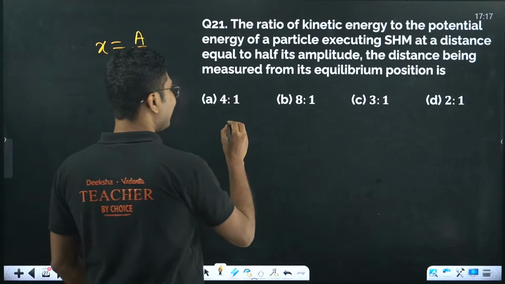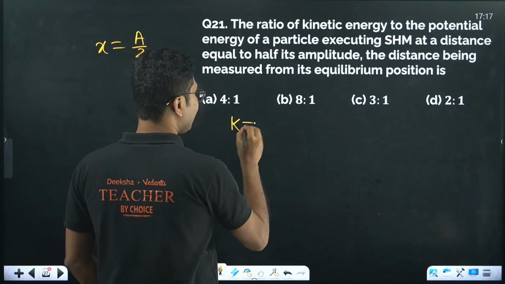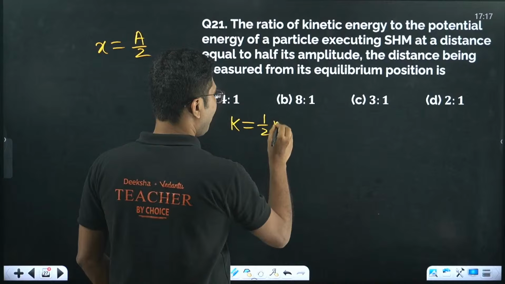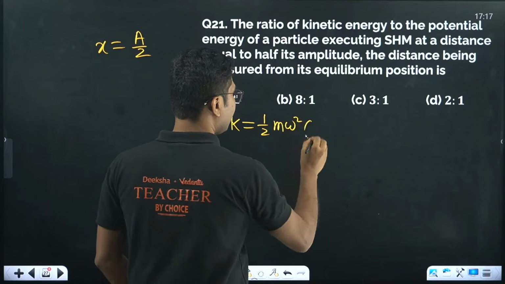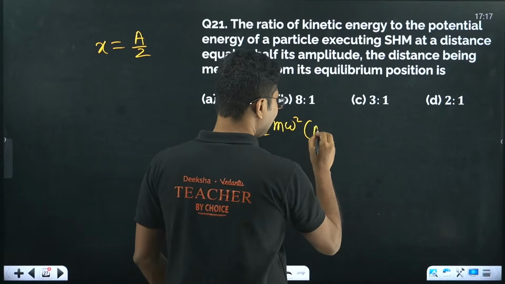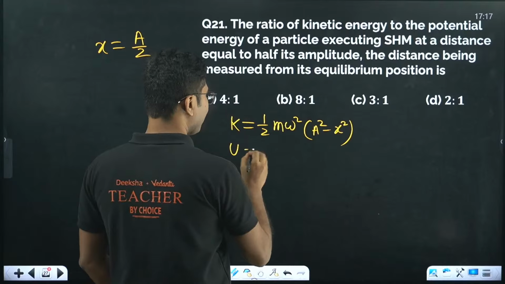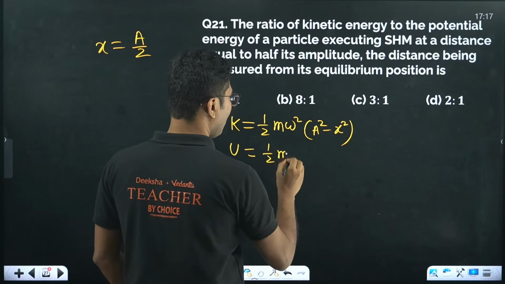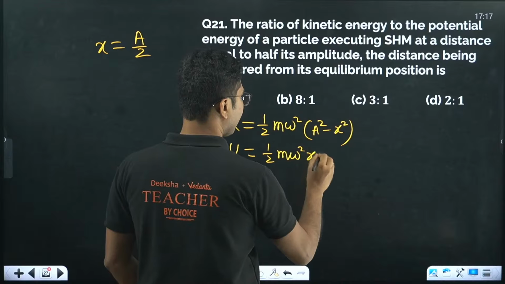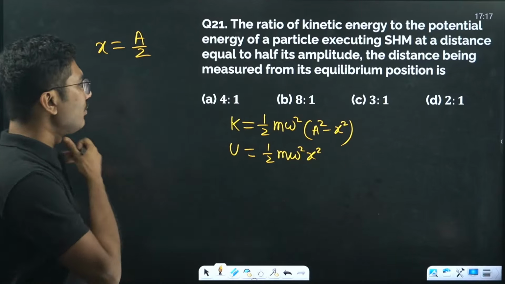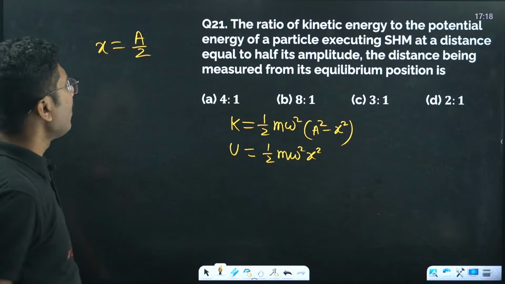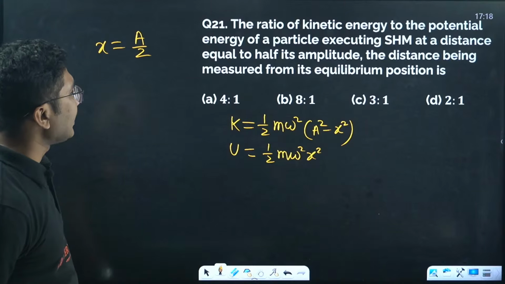So what is kinetic energy? The kinetic energy of an SHM is half m omega square into (a square minus x square). What about potential energy? Potential energy is half m omega square into x square. So what they have asked you is the ratio of kinetic to potential, right?